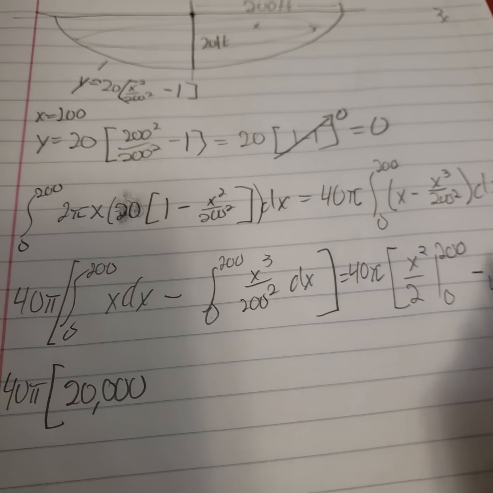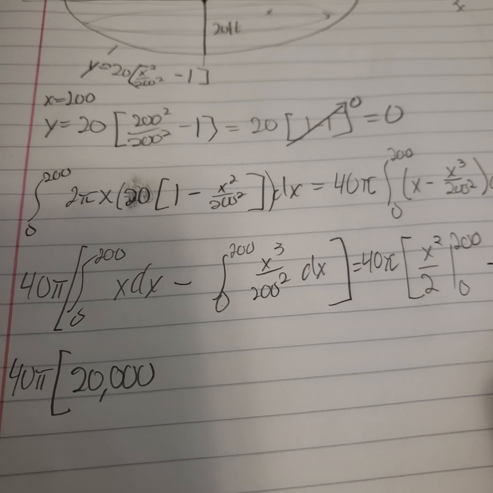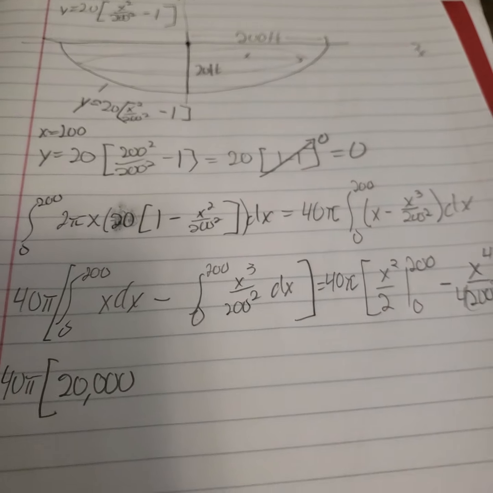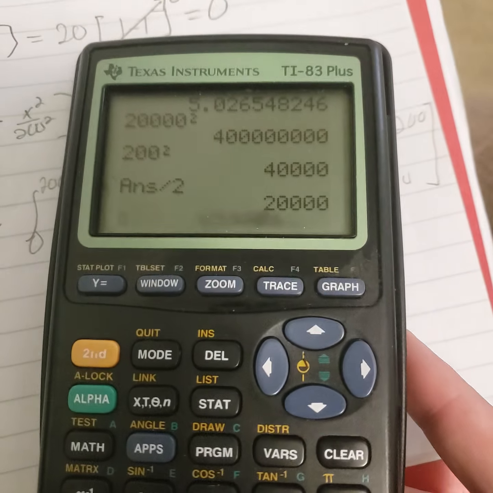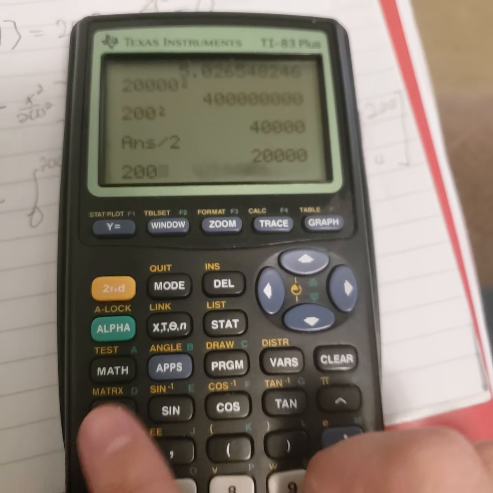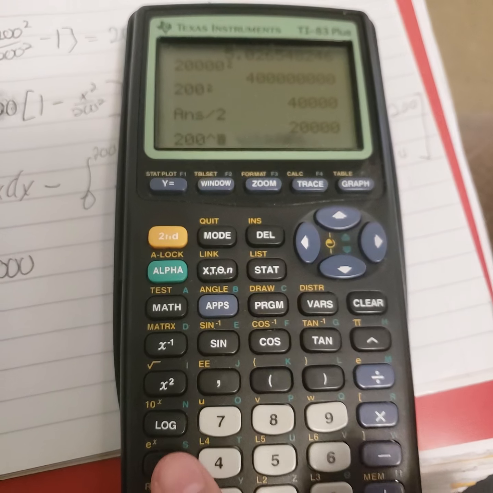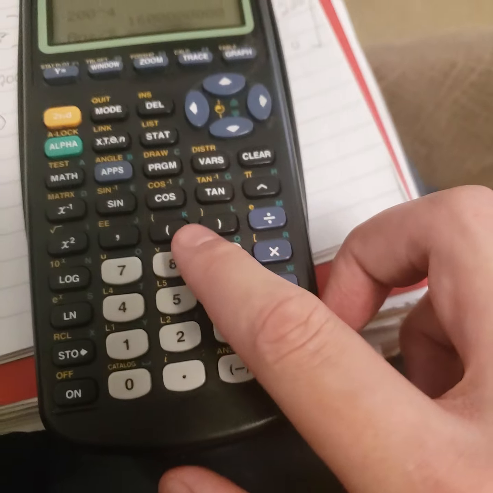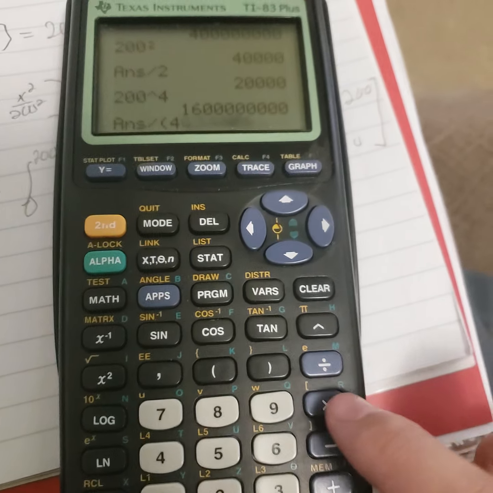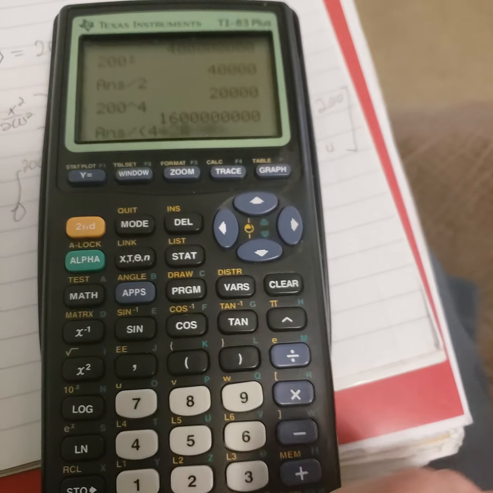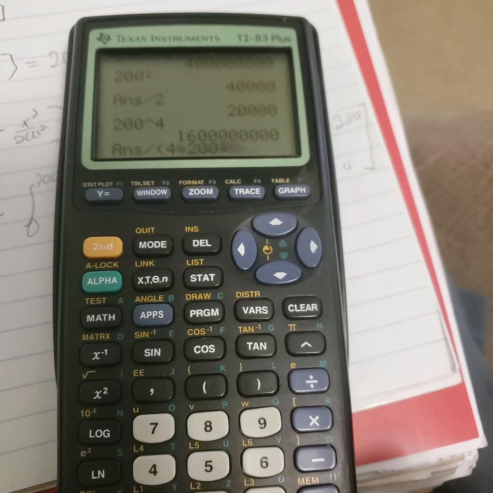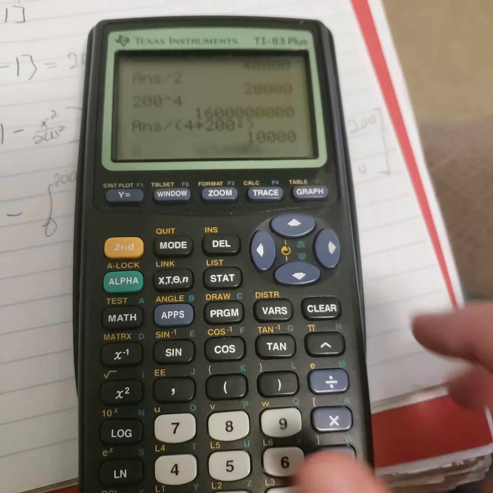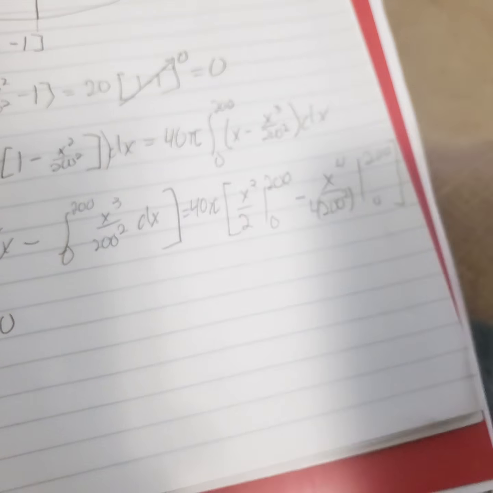We want this, which would be 200 to the power of 4 divided by 4 times 200 squared, which we end up getting 10,000.